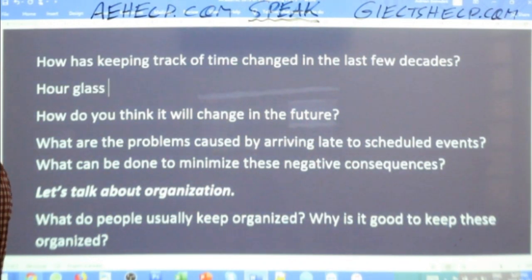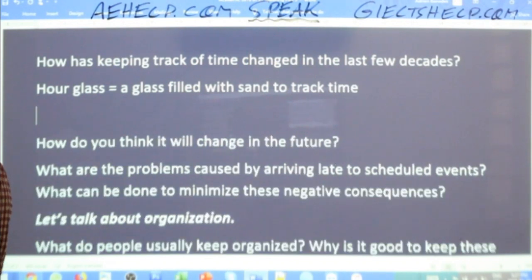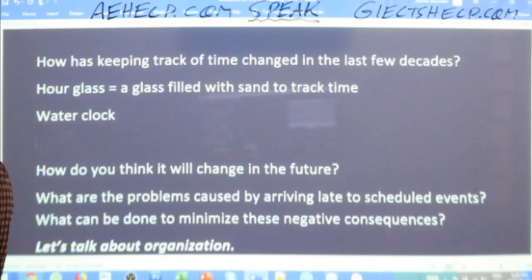Okay. A glass filled with sand to track time. Okay. Water clock is okay. That was, you got that one right. Okay, that's fine. And also sundial.